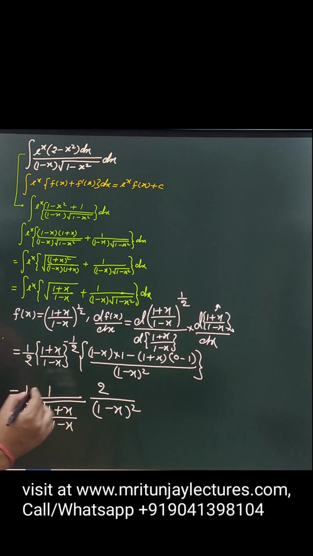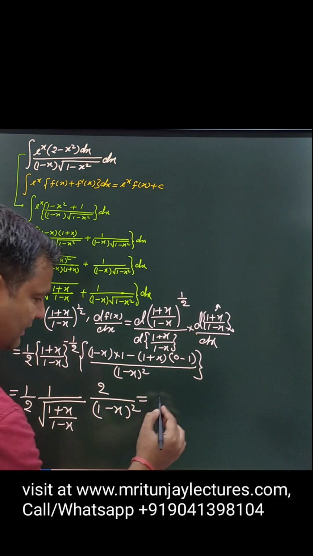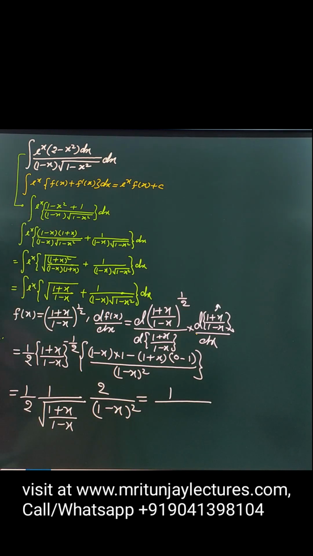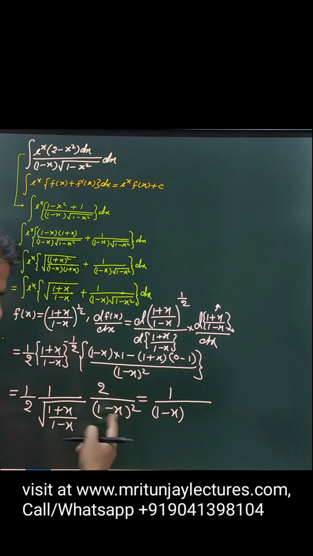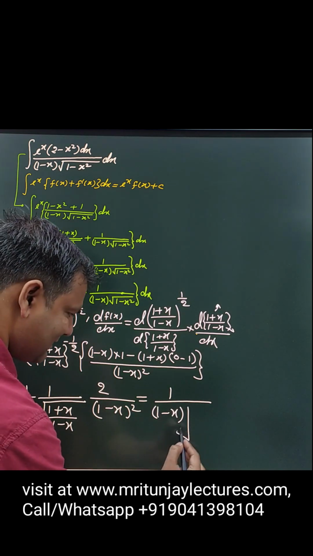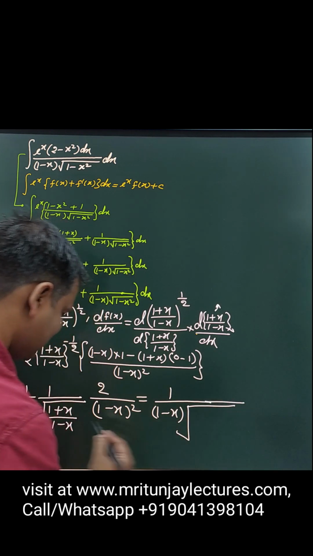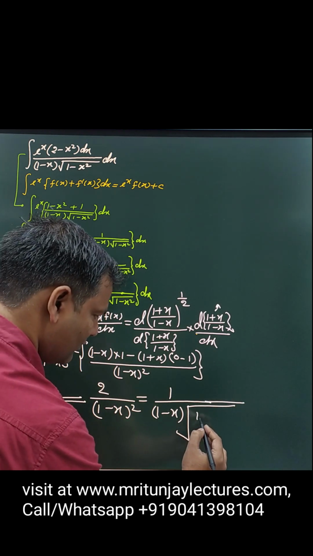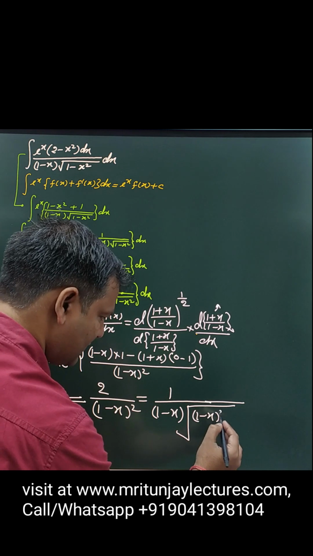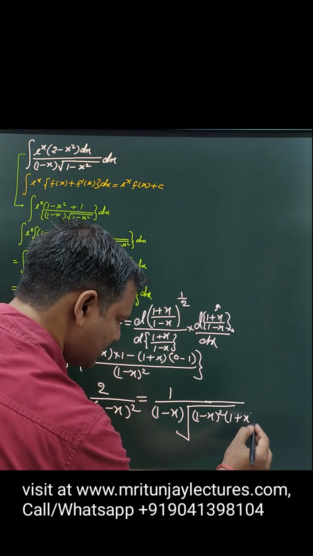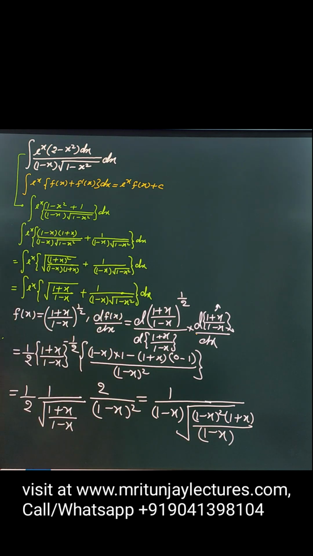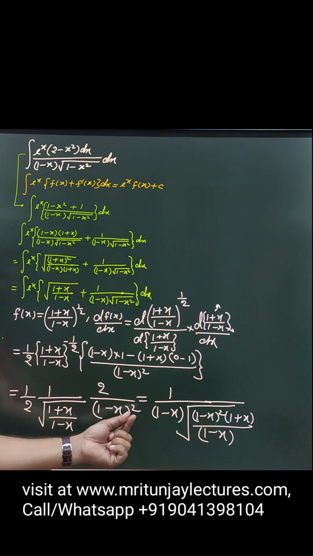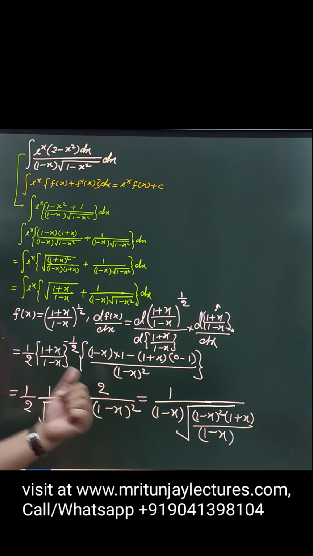After that the 2 cancels, then this is written 1 minus x into (1 minus x) to the whole square into (1 plus x upon 1 minus x). Basically (1 minus x) whole square is written (1 minus x) into (1 minus x).